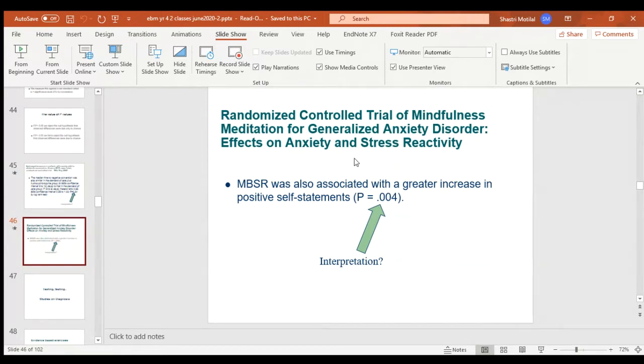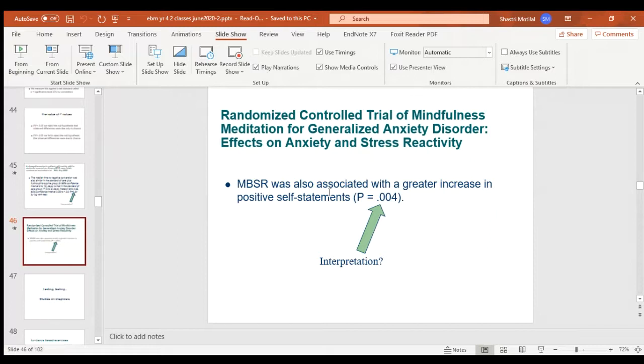They found that one of the things mindfulness-based meditation did for some persons was increase the chance that they had what we call positive self-statements. That was one of the outcomes in this study, whether people were able to make positive self-statements after they got the treatment. What they found was the p-value for this greater increase in positive self-statements was 0.004.